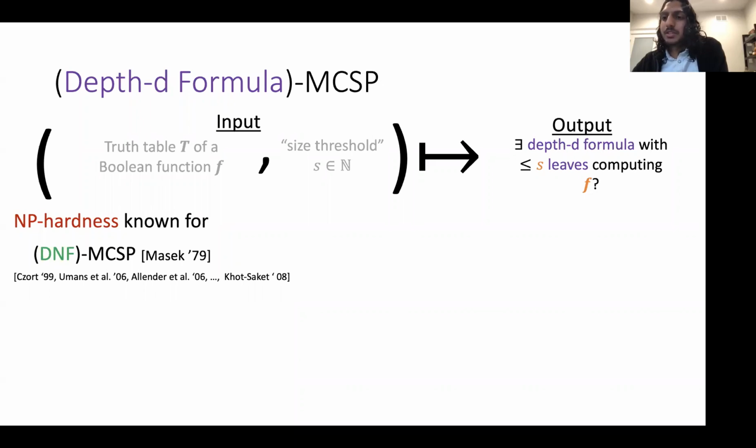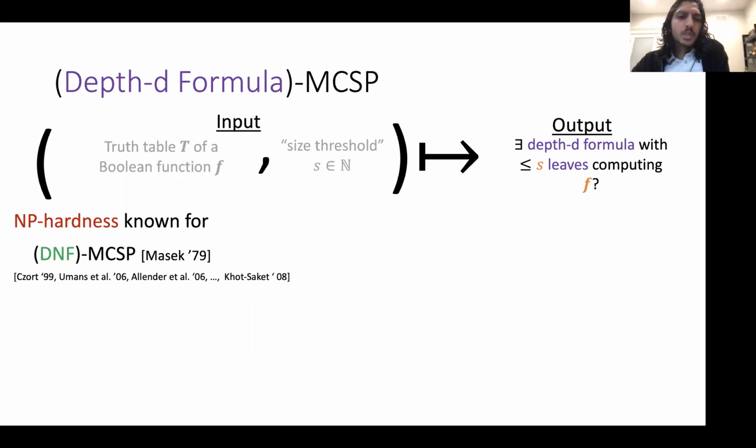DNFs are a simpler model of computation. Conceivably, it might be easier to find small circuits for DNFs than for general circuits. I would agree with this intuition, but no one knows how to make it formal. It seems difficult to make it formal.